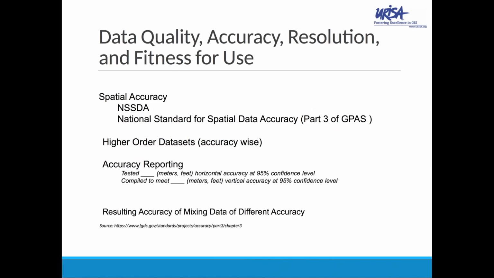The concept of a higher order data set is important when measuring accuracy. When you're measuring accuracy, we always have to have some measure, some base point, milestone to measure against to know how different we are from that other source.